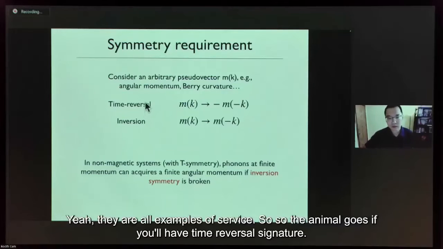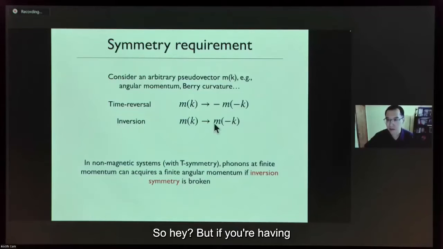So the argument goes, if you have time reversal symmetry, k would have to flip sign, and m will have to flip sign because we are talking about angular momentum. But if you have inversion symmetry, then k will flip sign, but m has to stay the same, because again, that's a property of a pseudovector, right? So you can see that if my system has both time reversal and inversion symmetry, then m(k) has to vanish.